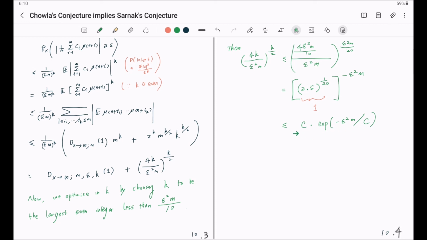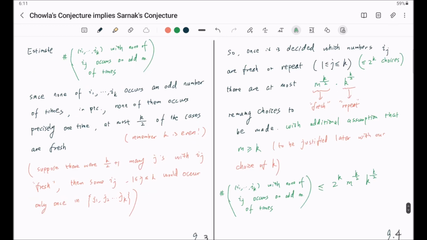If you make this c large enough, because this part is monotonically increasing with c. And now we have chosen this k to be the largest even number less than this guy. If epsilon is not too big, the k must be less than m, which guarantees our additional assumption that m is greater or equal to k.